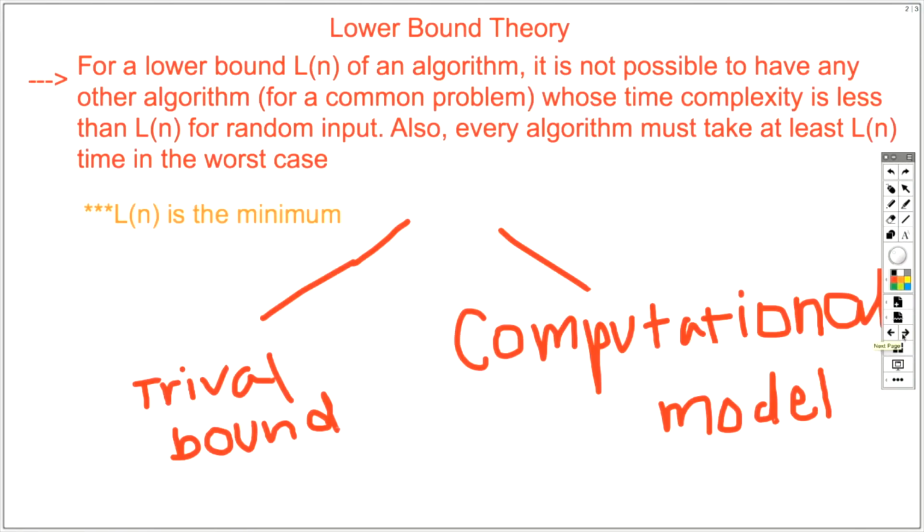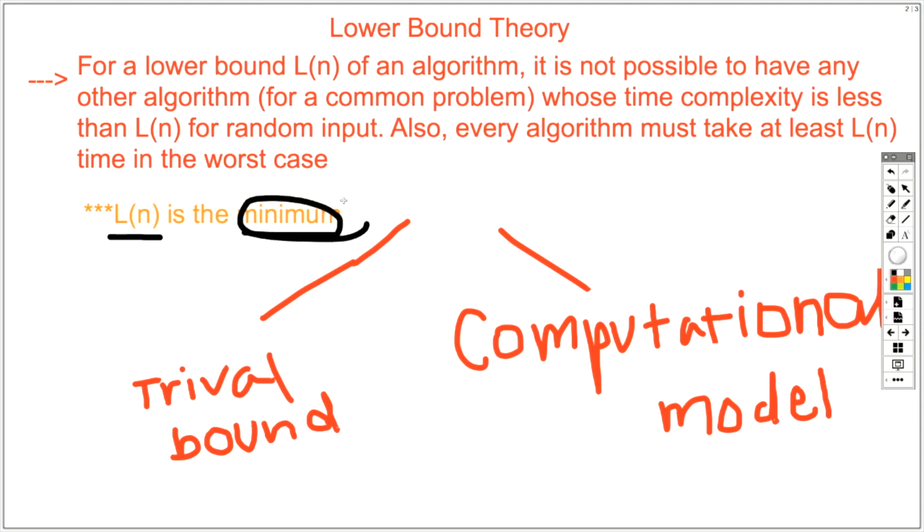Now we are going to the lower bound theory, and all the lower bound theory states is that there's something called Ln, and this basically represents the minimum.